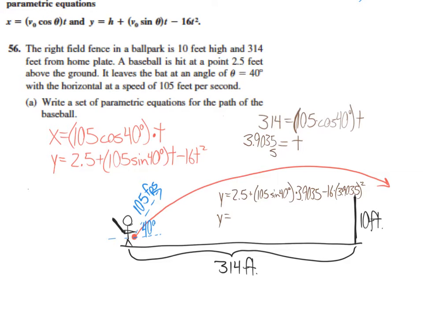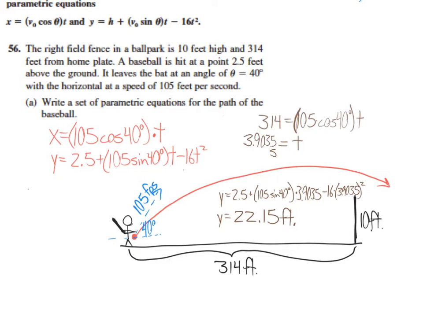You're just plugging it into your calculator at this point. And you get y equal to 22.15 feet. So here's the question, did he hit a home run? Yes. Does it make it over the fence? Yes, it's higher than 10 feet when we are 314 feet away.